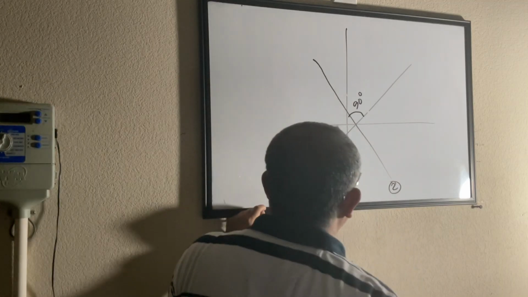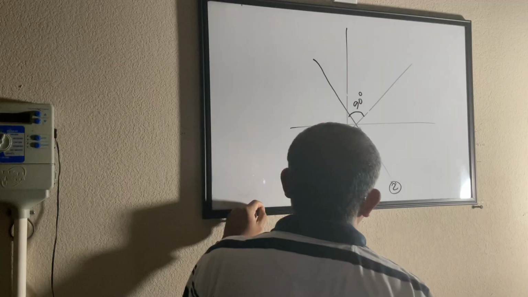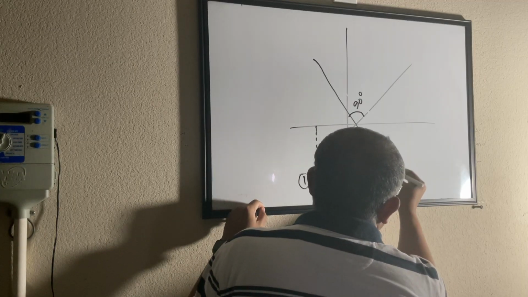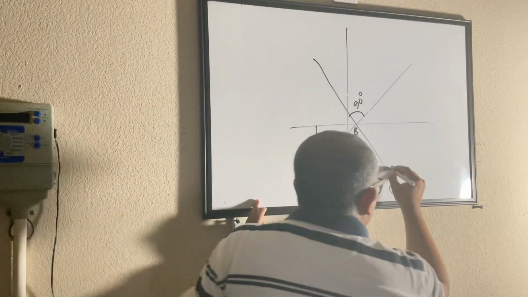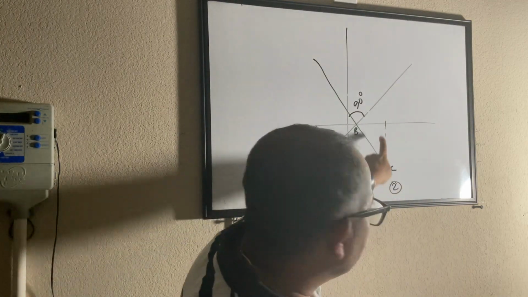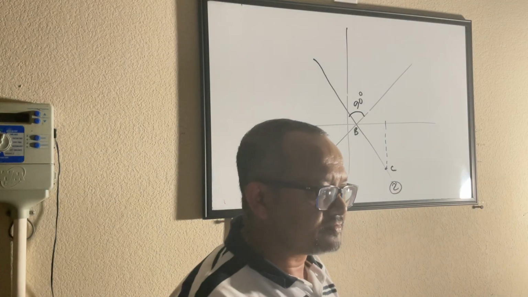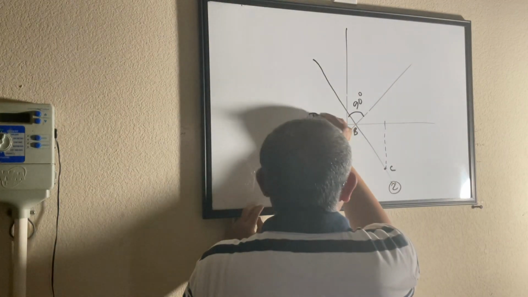I have dropped a perpendicular. Let's say this point is A and this point is B. And let's pick a point C. Okay? I am dropping a perpendicular from A and C onto the x-axis. And let's say this meets at D and E.